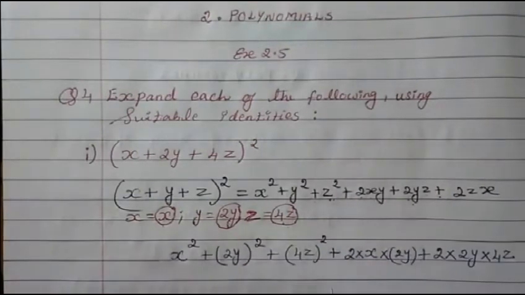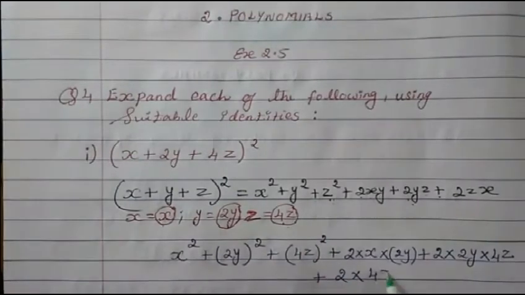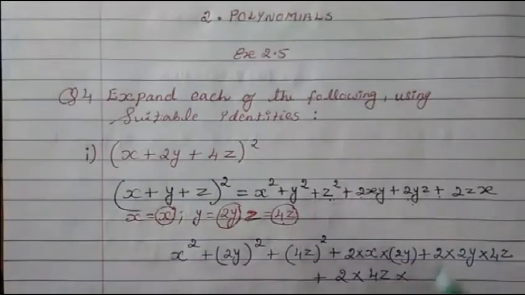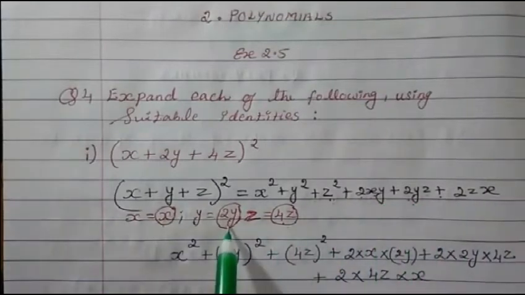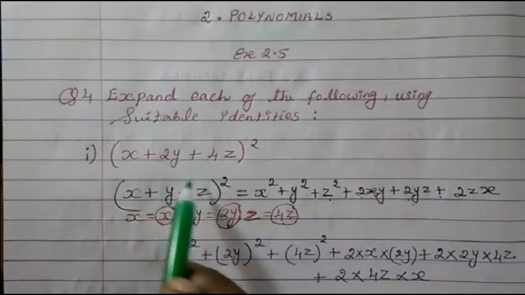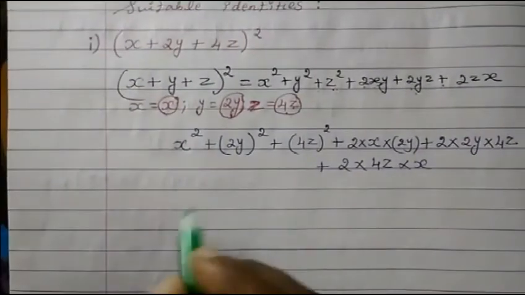Now plus, write down 2 into z, z is 4z, into x, x is x only. So wherever x, y, z is there, you have to put the value given to us in the question. So now you solve it.